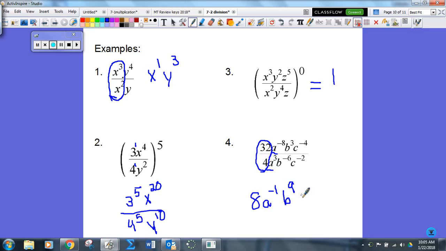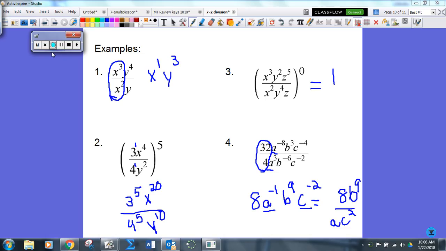Negative 4 minus 2 is negative 2 on the c. So, I cannot have a negative exponent, so I am going to rewrite those using the reciprocal. The a and the c are the only things with the negative exponent, so they are the only things that move to the denominator. Okay?